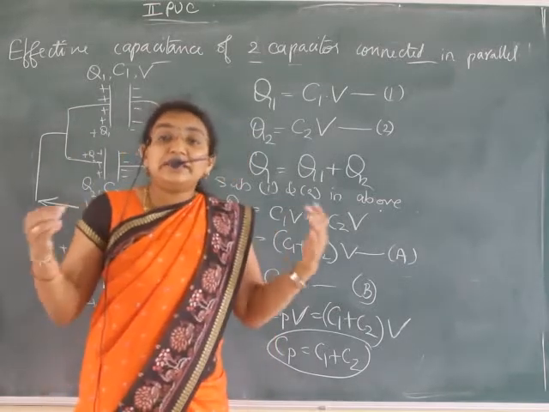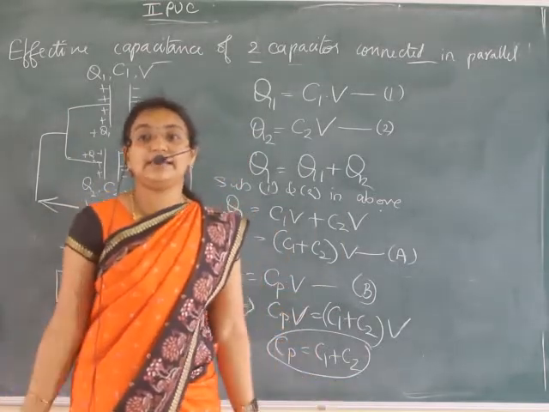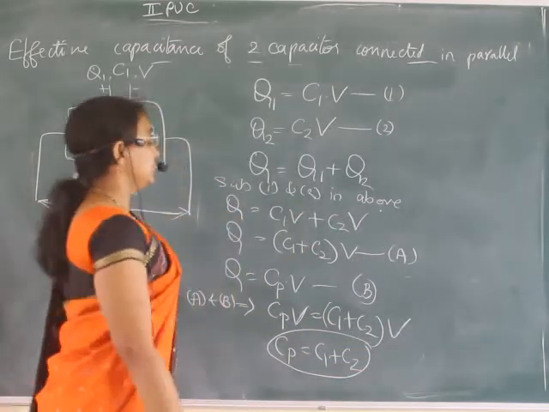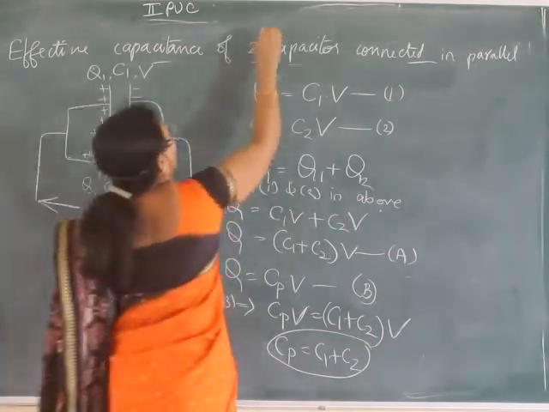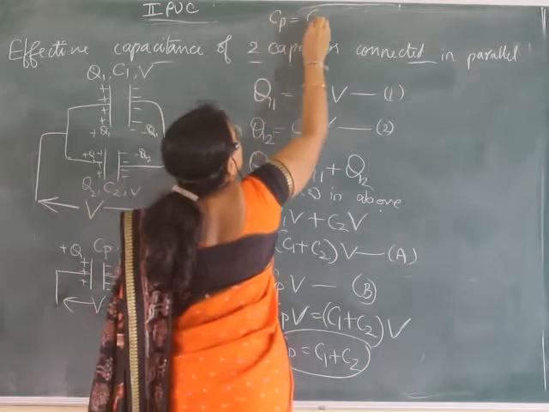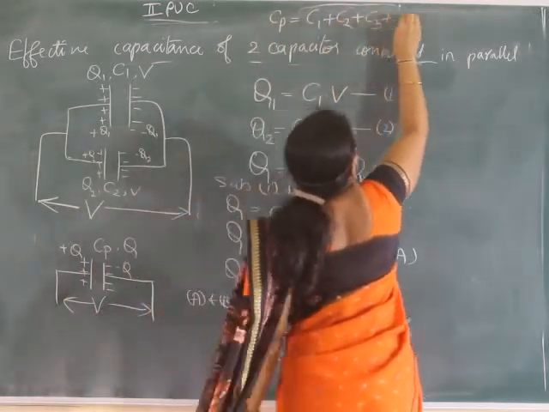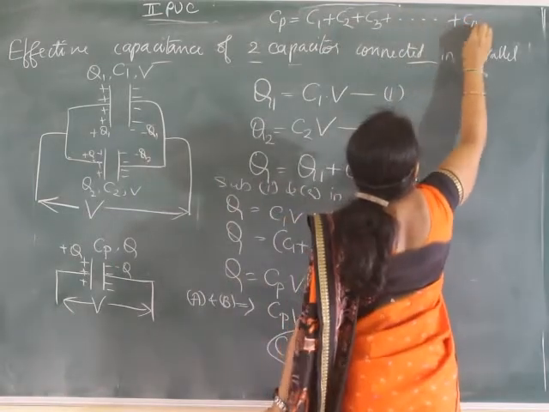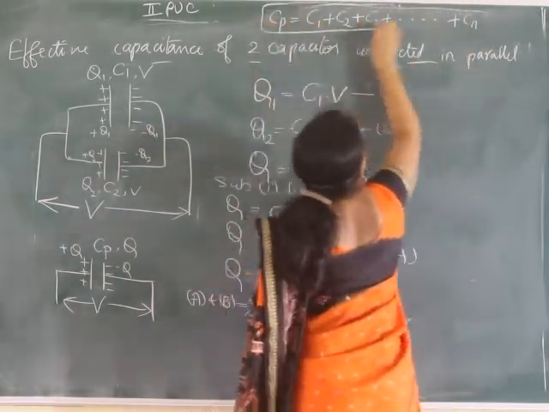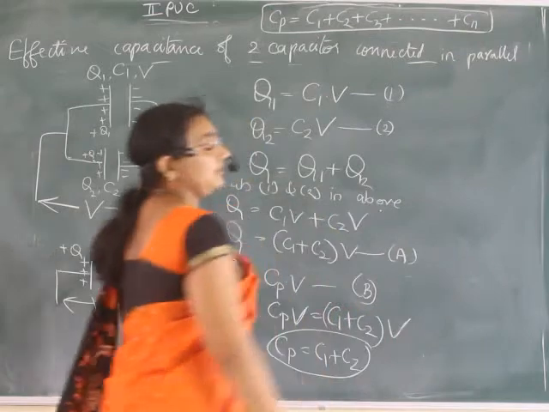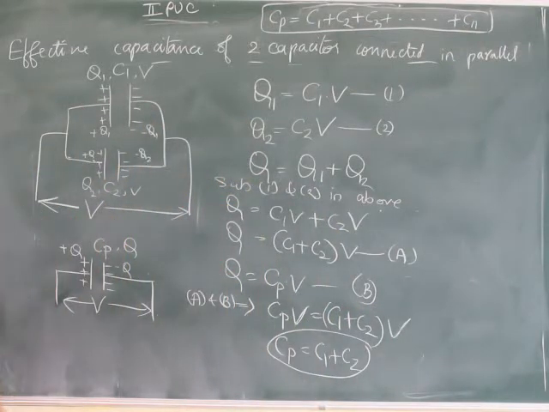If there are n number of capacitors connected in parallel, then CP is equal to C1 plus C2 plus C3, and so on up to Cn. In general, we are speaking about n capacitors.